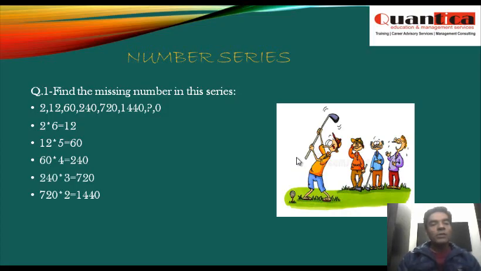So 1440 will be multiplied by 1 to give the unknown term, which will again be 1440, and it also satisfies 0 because 1440 will then be multiplied by 0 to give you 0. So your answer comes out to be 1440.